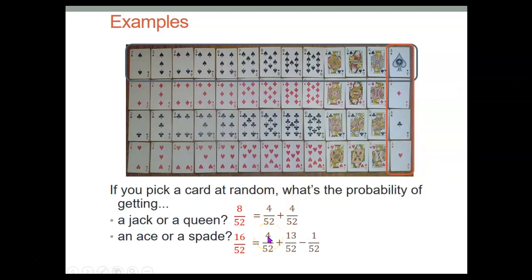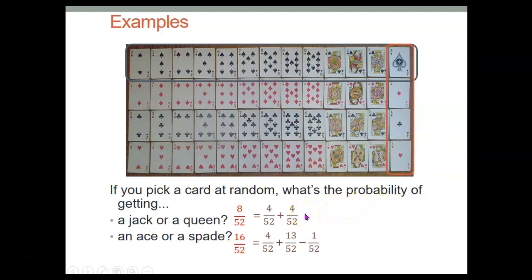We could add together the probability of getting an ace, 4 over 52, plus the probability of getting a spade, 13 over 52, but then we would have to subtract off the one that got counted twice, because it was a member of both the aces and the spades. So these are examples of 2 different kinds of situations.